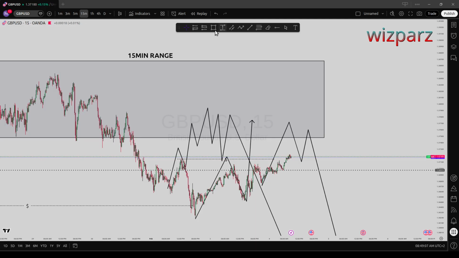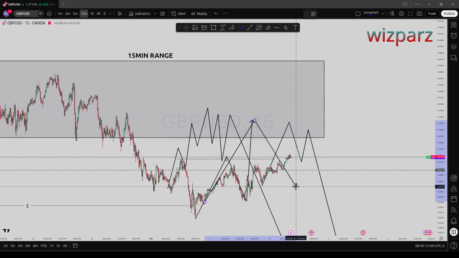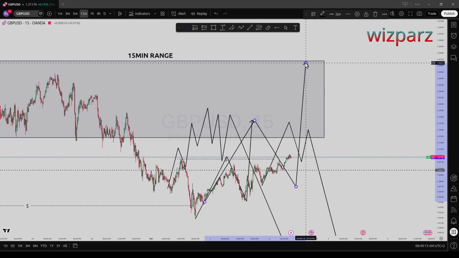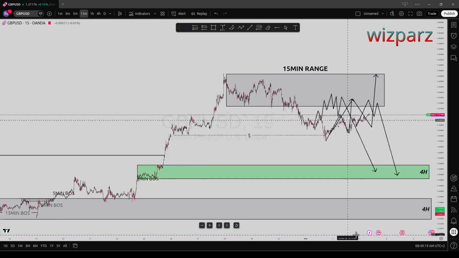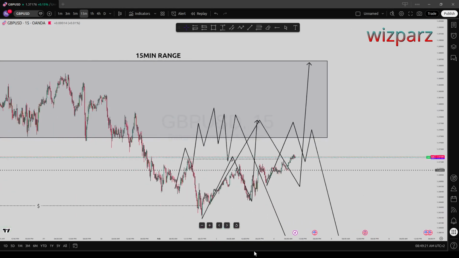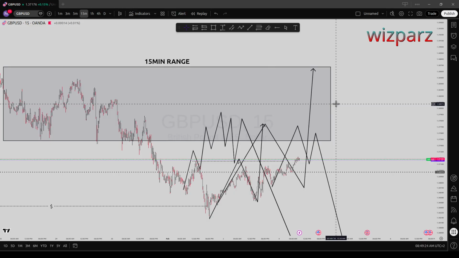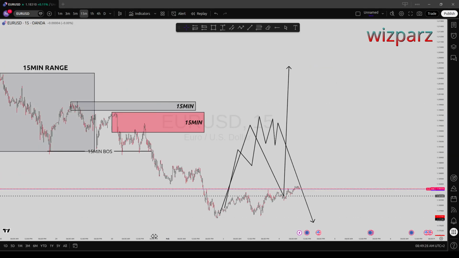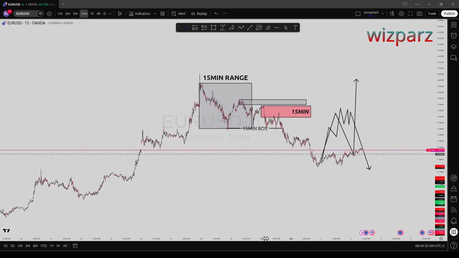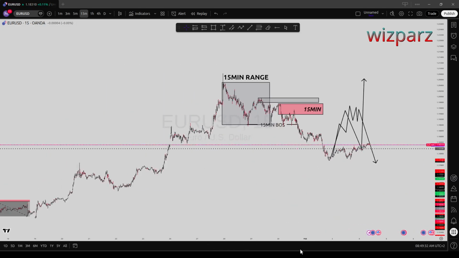I'm only going to look for long if I see price do something like this and then like this. That's where my perspective on GU will change to the upside. But right now there is still a higher chance that the market is going to continue pushing down lower.